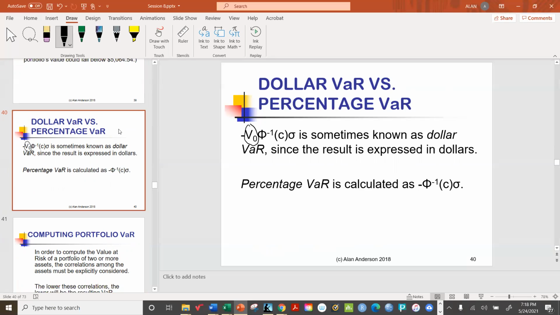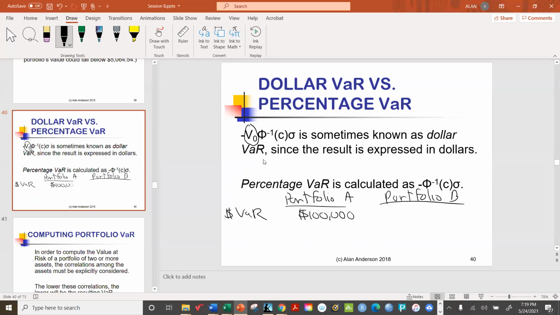So in other words, here's portfolio A and here's portfolio B. Suppose I wanted to calculate the dollar VAR. This first one is 100 grand, and the second one is only 20 grand.